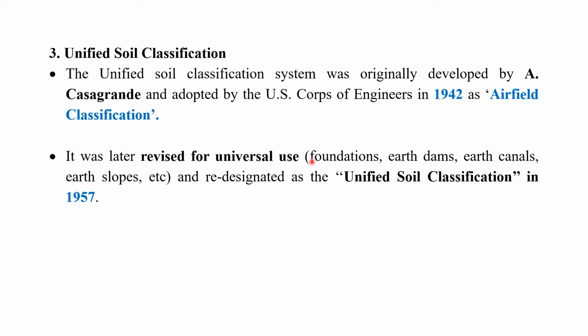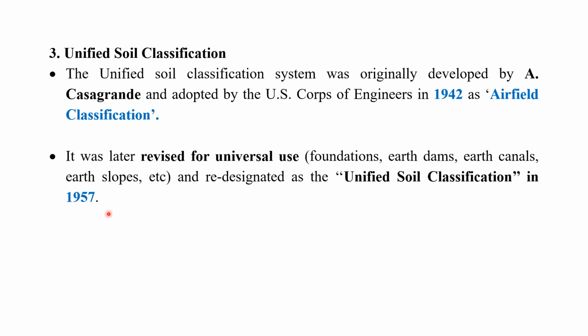Later it was revised and made generalized or universal, right, for different purposes and different uses. For example, foundation, earth dams, earth canals, earth slopes, we can use it for all of them. Earlier it was used only for airfields; later, in 1957, the unified soil classification was used for different purposes, for any types of work, civil structures.